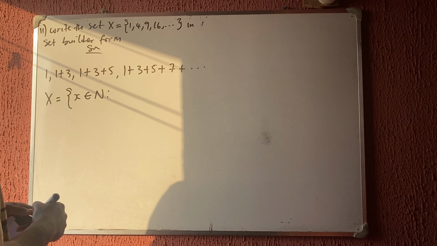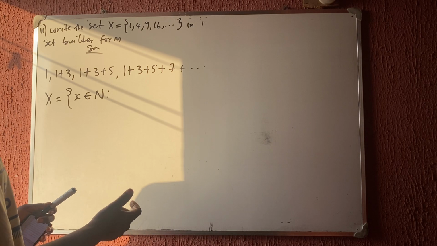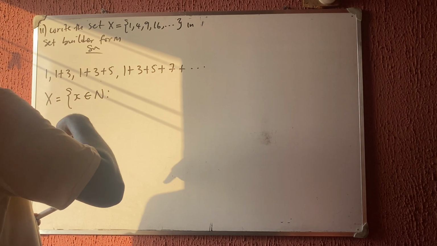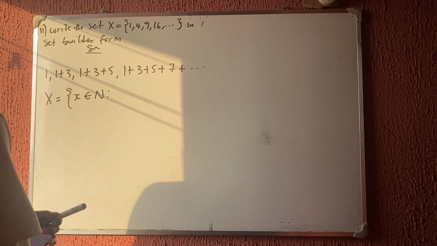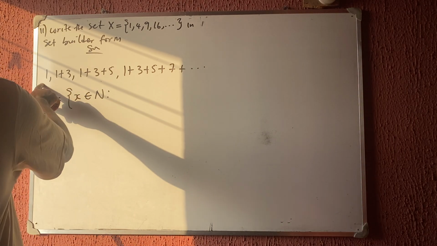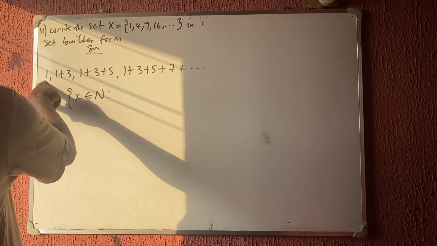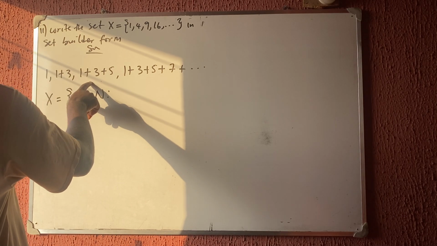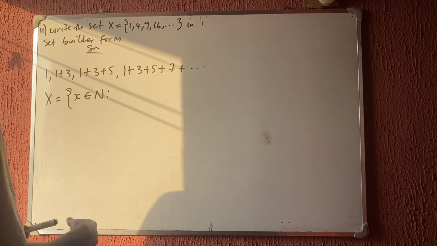How do I build this thing now? I have seen it. What you do is that you add an odd number to the previous term to get the next term. The previous one plus an odd number gives this one, add the next odd number, you get this. So you just keep adding odd numbers.